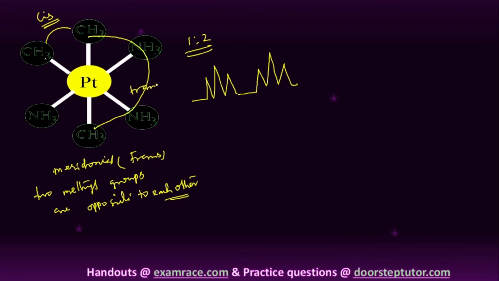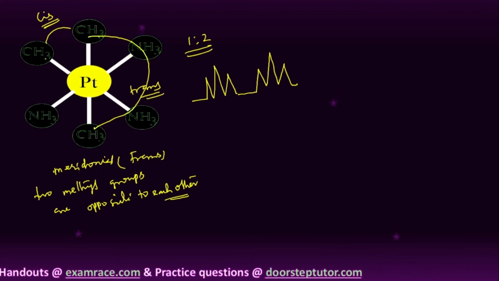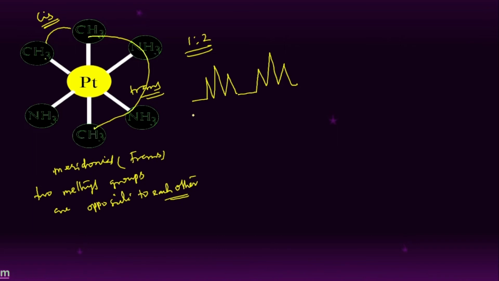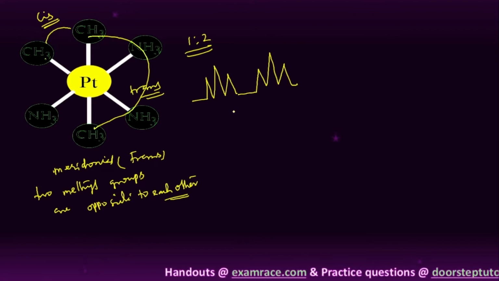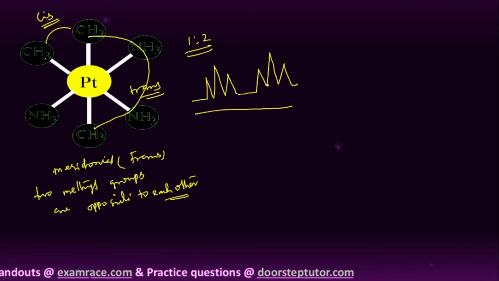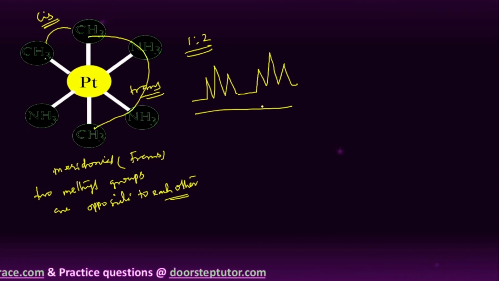We decide that two types of methyl protons are there. These two methyl protons are coupled with the platinum, so it gives a triplet. And these two methyl protons are in a different environment and are also coupled with the platinum, so it gives another triplet in the NMR spectroscopy. Therefore the meridional structure gives a triplet of triplets.